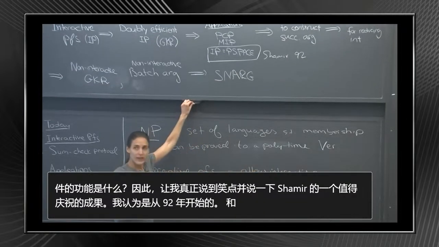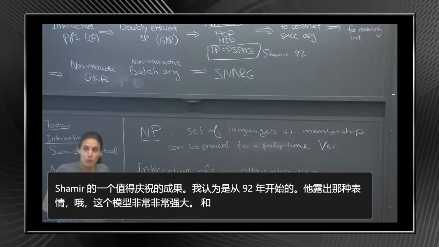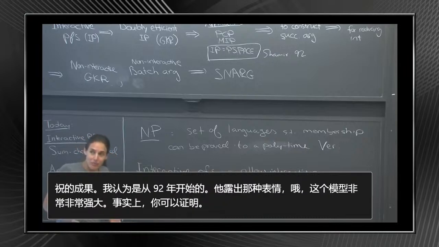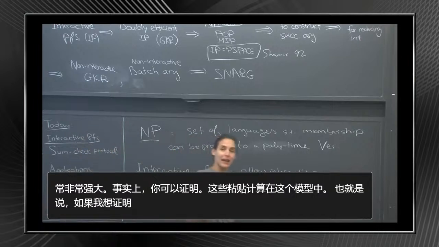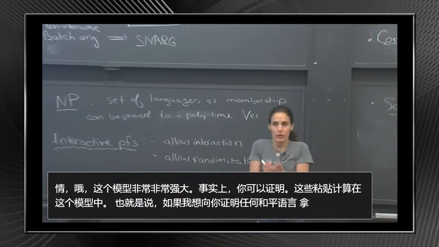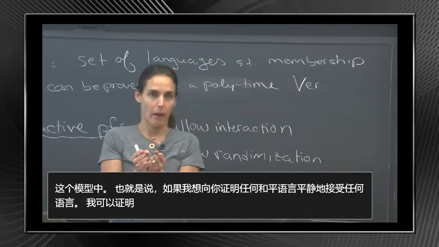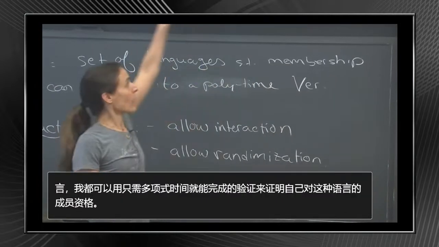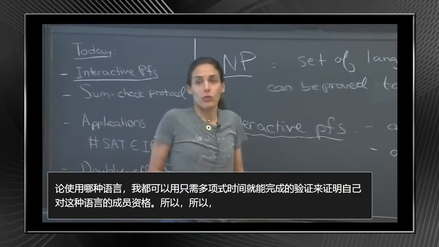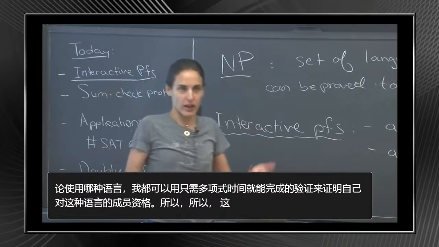He showed that this model is very, very powerful. Actually, you can prove any PSPACE computation in this model. Namely, if I want to prove to you membership in any language in PSPACE, I can prove it to a verifier that only runs in polynomial time. So that's Shamir's theorem.